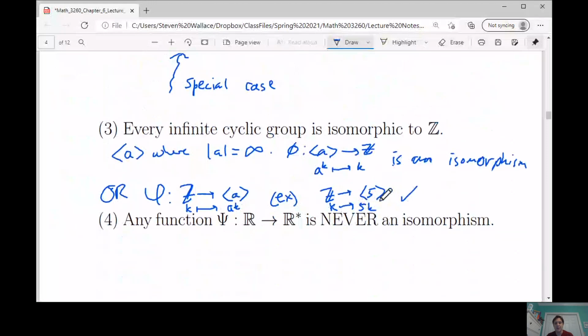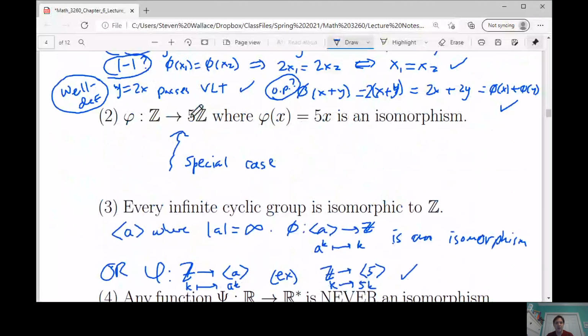So if we're talking about the subgroup generated by the element 5 in Z, that's what this is, okay? That's because the operation in Z is addition, so multiplying by a factor is repeated addition, right?